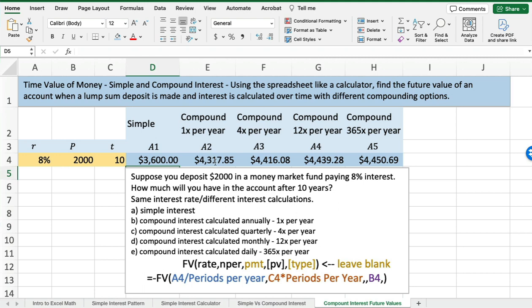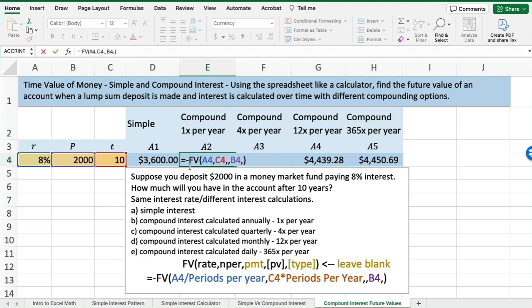If we're compounding annually, we need to put a negative sign, by the way, in front of our FV calculation. It's too complicated to go into why, but because Excel is treating it as if you're going backwards instead of going forwards, we need to put a negative sign.